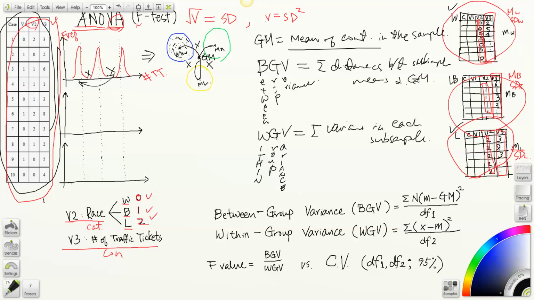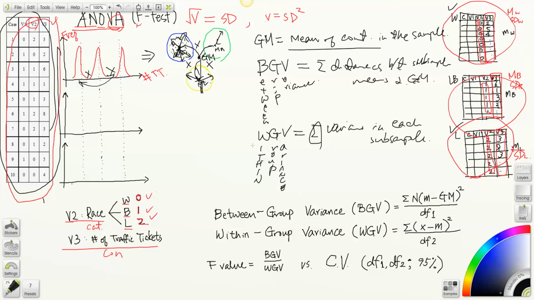So variance is the distance between these cases and your subsample mean. So this is within group variance of the white subsample. This is within group variance of the black subsample. This is within group variance of the Latino subsample. And again, you're looking at the totality of it, the sum of all these within group variances.